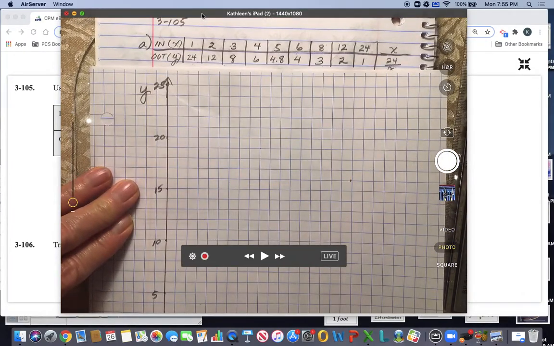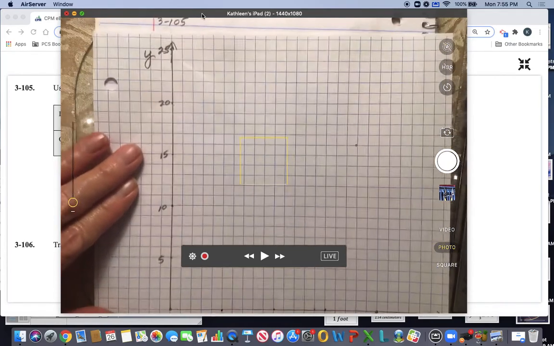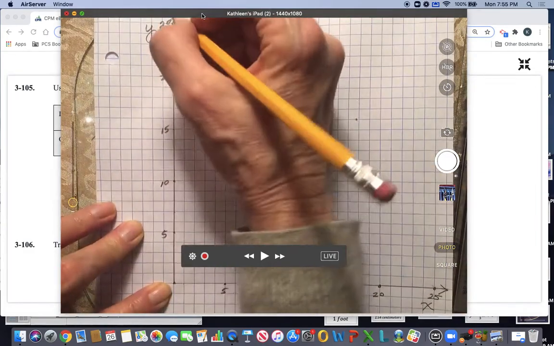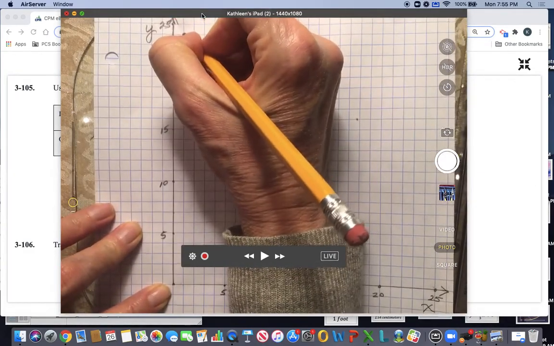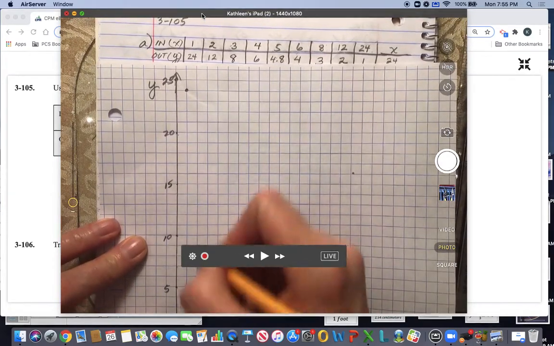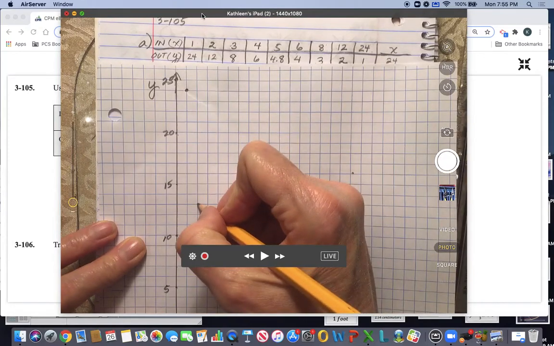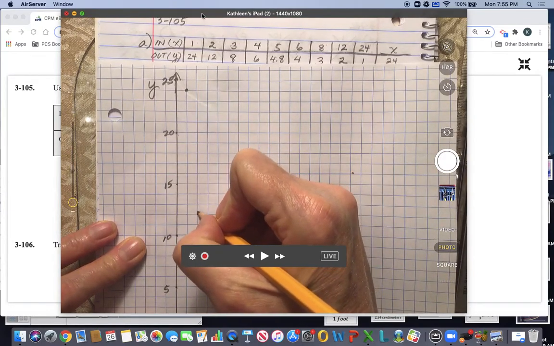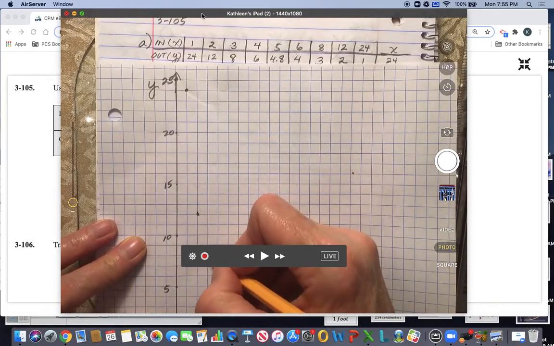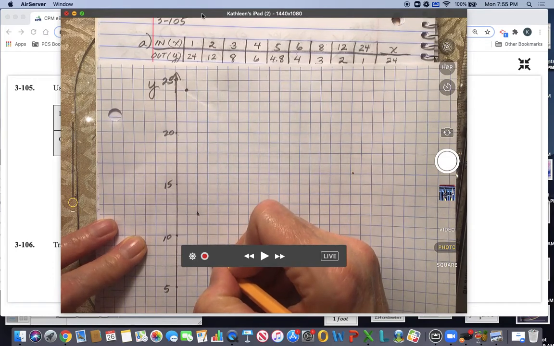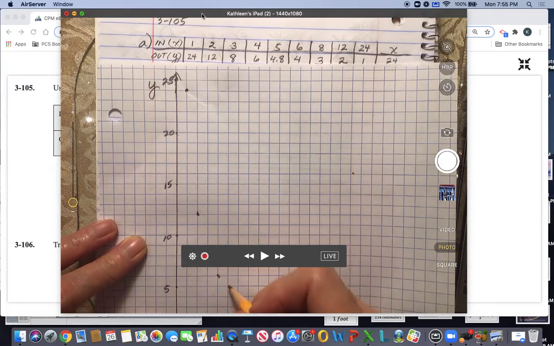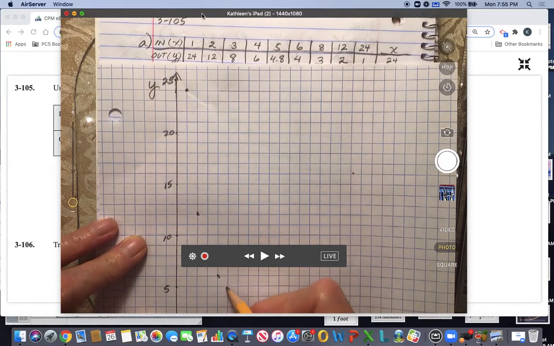All right, and then I can start graphing the points that I have in my table. So x is 1, and y is 24. That's just below 25. So there's 1. And then 2 is going to be 12. So that's right here. And then let's see, 3 is 8. 4 is going to be 6. 5 is going to be 4.8.